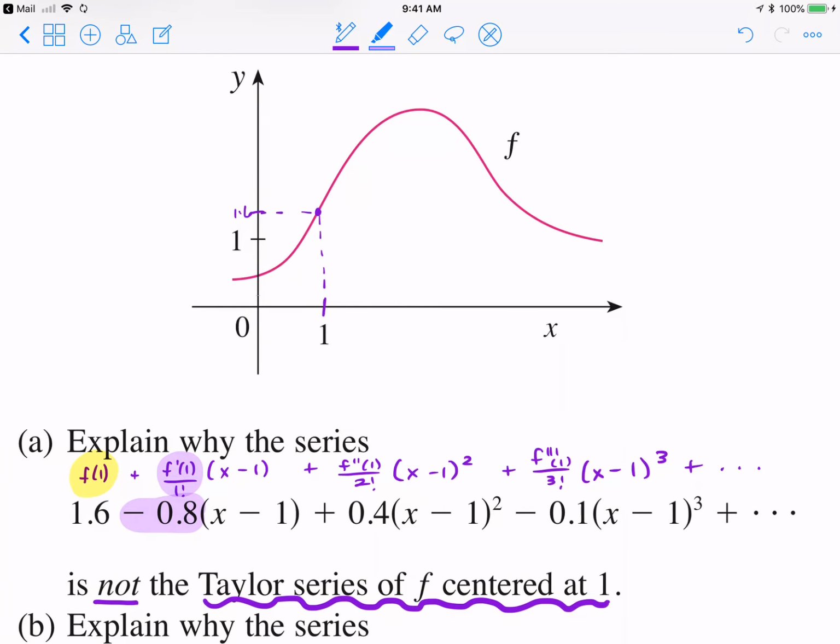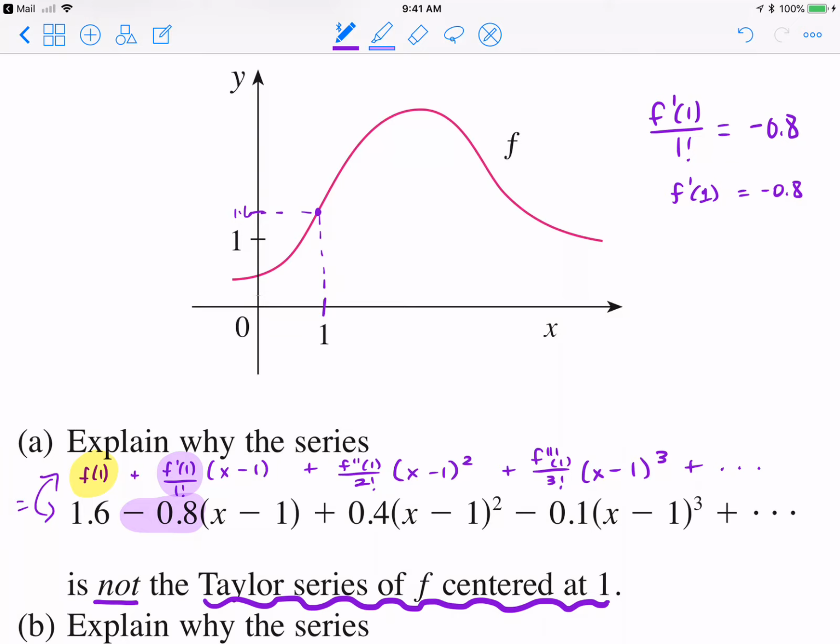Now, why am I matching these up? I'm matching these up because the coefficient of (x minus 1), on the one hand, is f prime of 1 over 1 factorial, and on the other hand, it's got to be negative 0.8 if these two are the same. So if these two series are equal, then the coefficients are equal. F prime of 1 over 1 factorial is just f prime of 1, because 1 factorial is 1. So the issue is, can f prime of 1 be equal to negative 0.8?